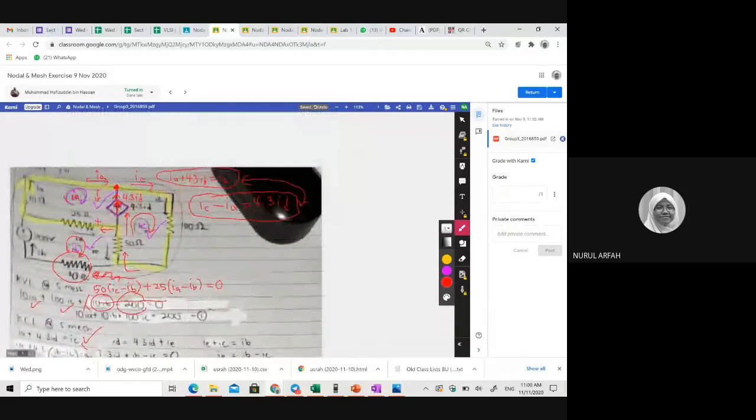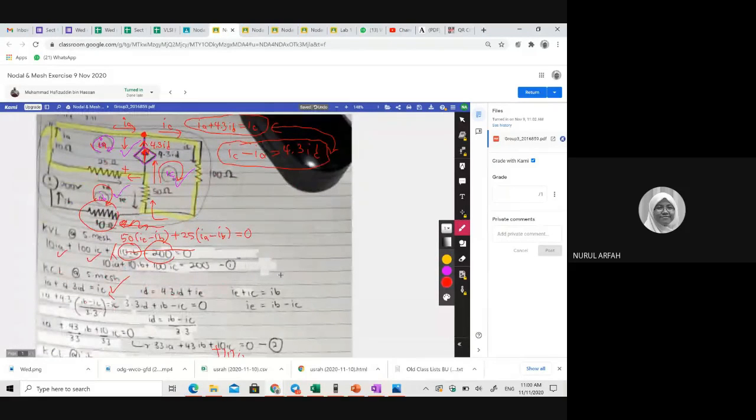What is IA equal to? IA is equal to this loop, yes. IB equal to this loop, yes, correct. But what is ID? ID is equal to IB minus IE. And then IE is equal to IB minus IC. Okay, these two.